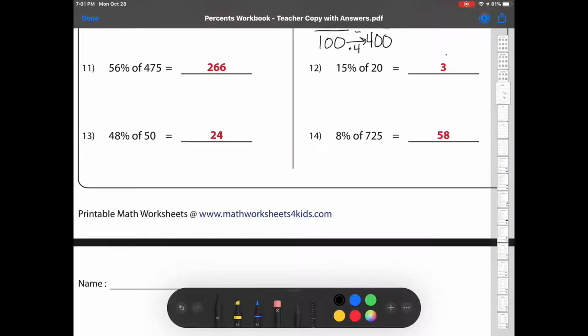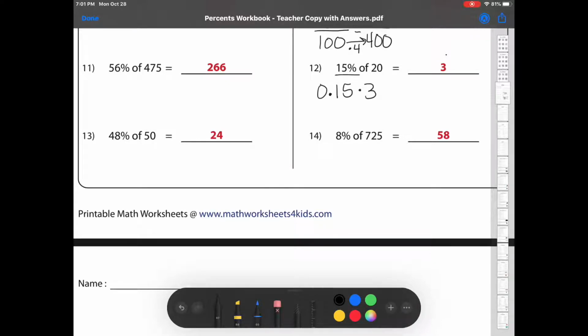But when we have numbers like 56% of 475, that's when we use the cross product method in most cases to get 266. Another way that you can do this is you can actually turn 15% into a decimal. So 15% would be 0.15 or 15 hundredths.